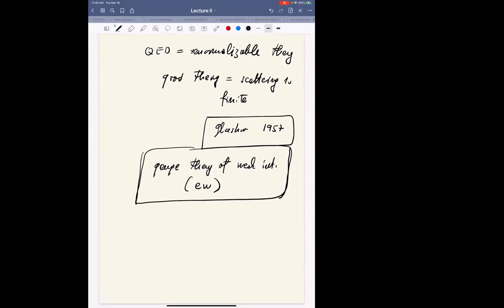Now, in order to develop a gauge theory, you realize the following, that in QED, 1 over Q squared of QED comes with the exchange of a gauge boson, the photon, which couples to the current.